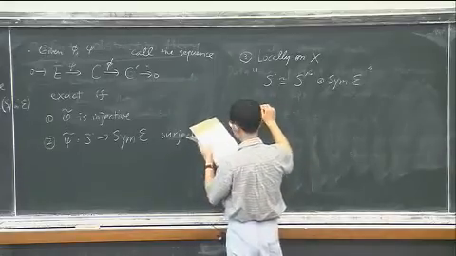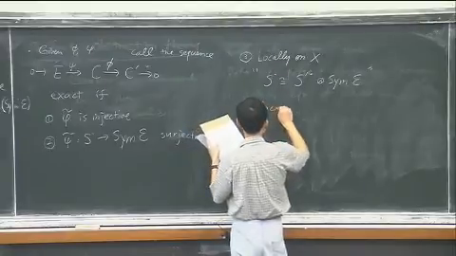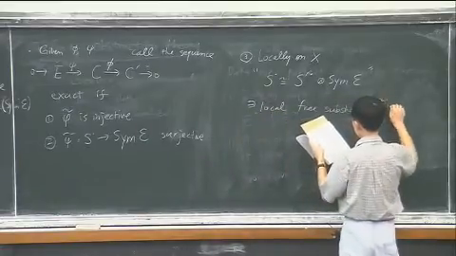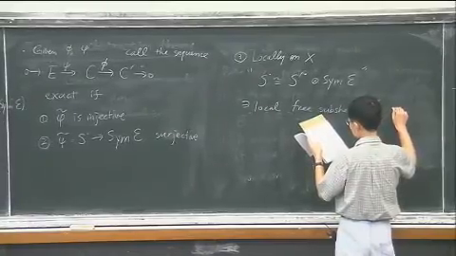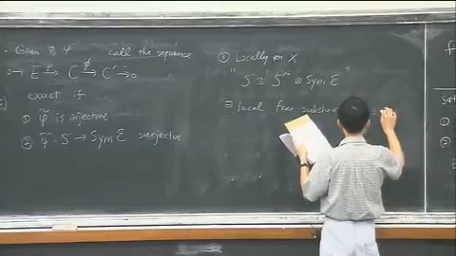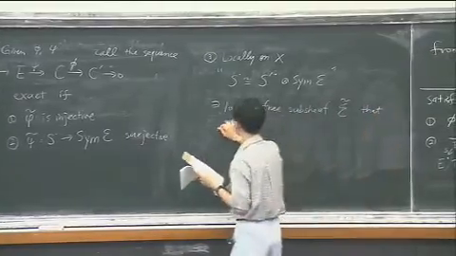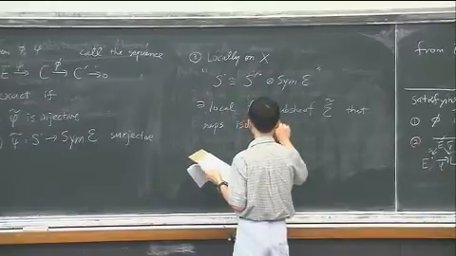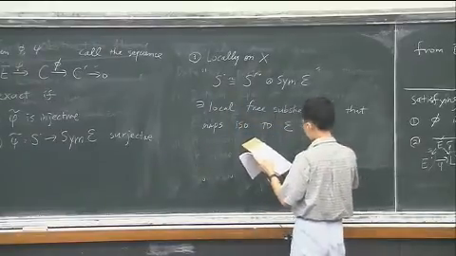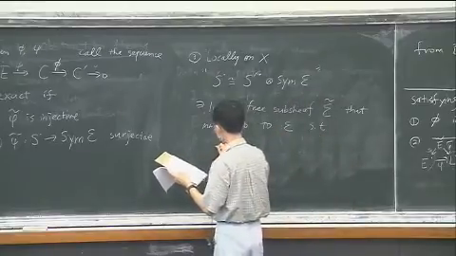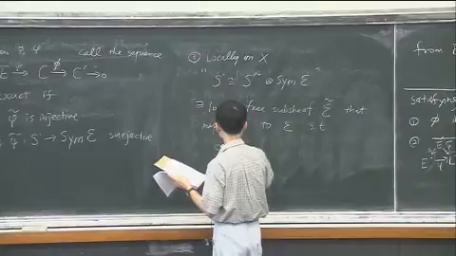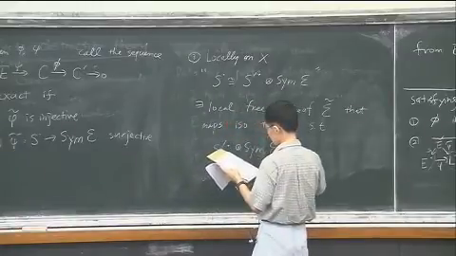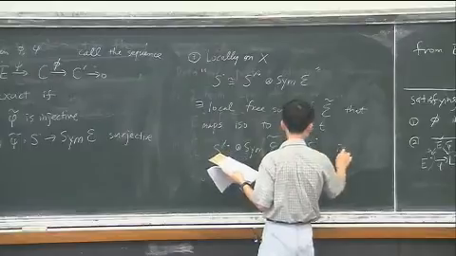Locally on X, there exists a locally free subsheaf E tilde which maps isomorphically to E, such that S prime dot tensor with this tilde is an isomorphism.